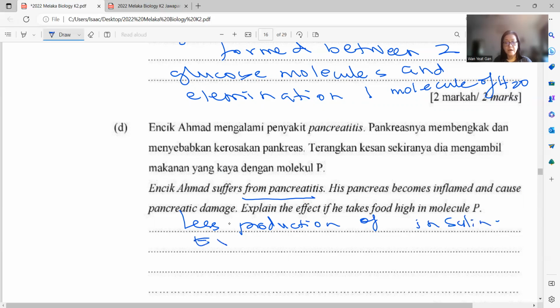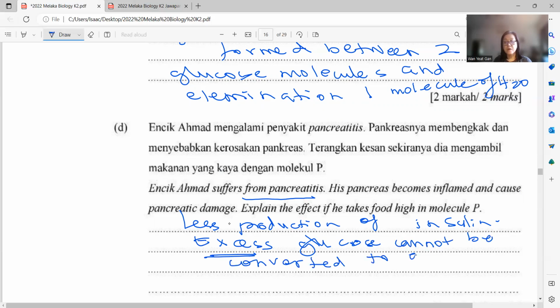Okay, so the excess glucose cannot be converted to glycogen.